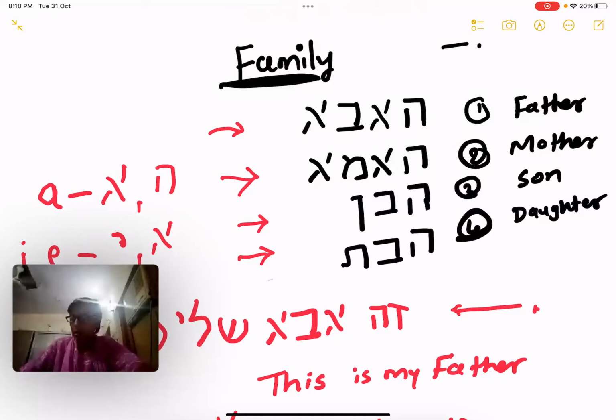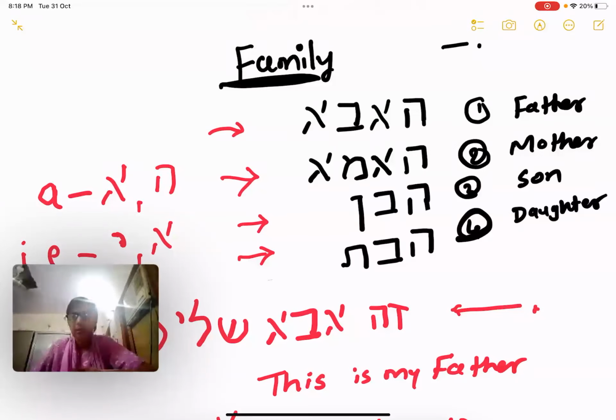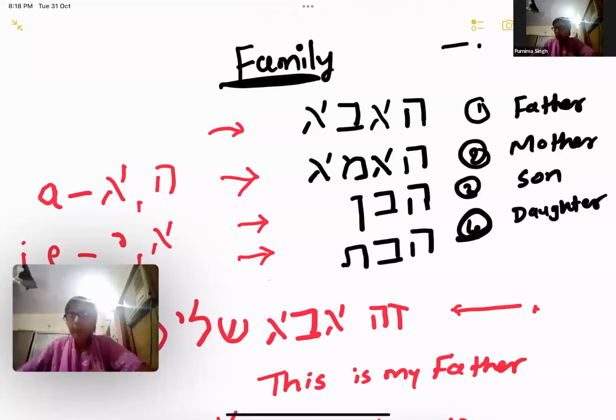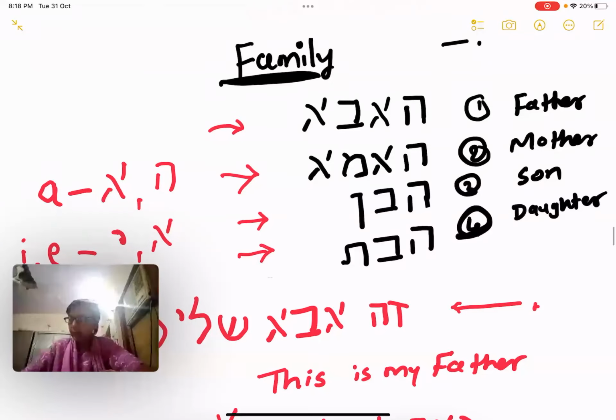Then ha'ima, haben, and habat. Ha'aba means father. Ha'ima means mother. Haben means son. And habat means daughter. Okay?